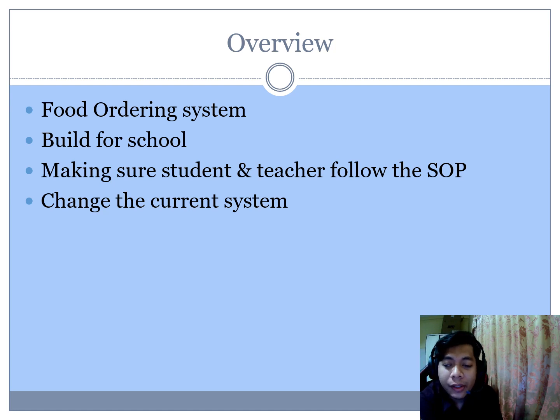Usually, students will go to the canteen to buy their food at recess hour, and the canteen will be filled and packed with students. So, for safety, the government wants us to follow the standard operating procedure, which is SOP, distancing to prevent the infectious virus.